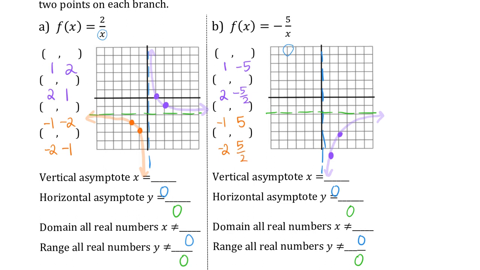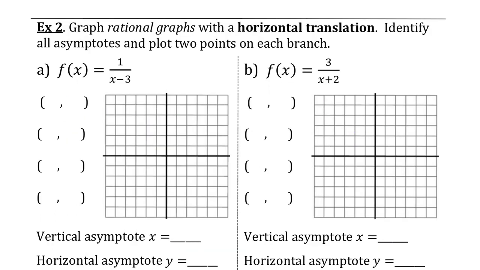So -1, 5, and -2, 2.5. Even though they look a little out there, they should go up towards the vertical asymptote and then down towards the horizontal, but they won't cross it, so it tells me the shape of the graph.